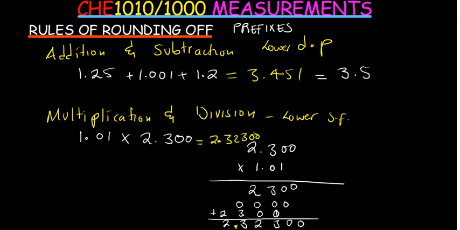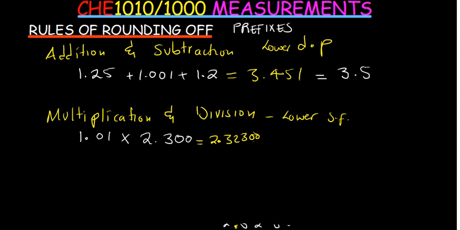Now, are you going to present the answer like that? No. You need to look at which of these two values has the lowest significant figures. This one has 1, 2, 3 significant figures. What of this number? We can see that this is 1, 2, 3, 4. These zeros after a whole number with a decimal place are significant.